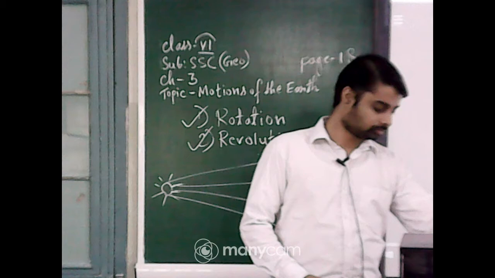The opposite side is totally dark and extremely cold, so life could not exist on the other side either. So if the earth did not rotate, life could not exist on our planet Earth, and Earth would become a desert, a dead planet like the other planets.